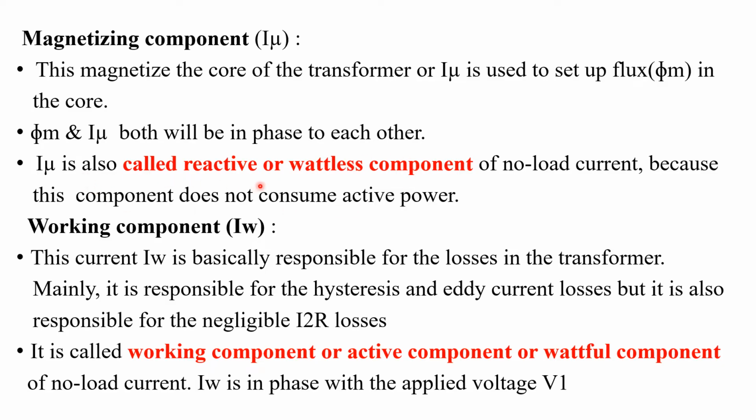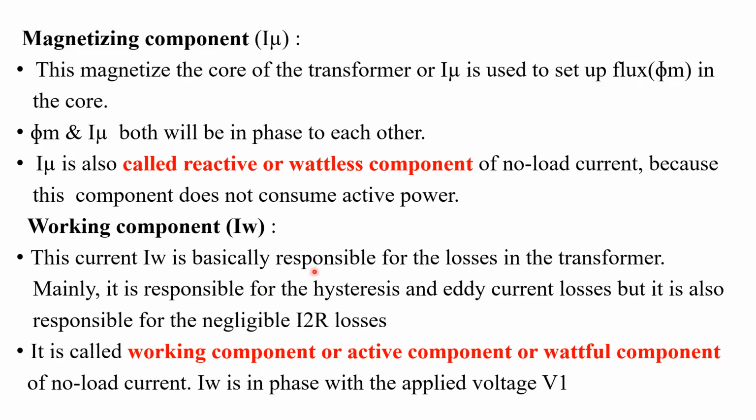This I mu is also called the reactive or wattless component of the no load current, that is, I mu is the reactive or wattless component of I0. Remember that this component is not responsible for losses in the transformer and does not consume active power. These are the important points about the magnetizing component.